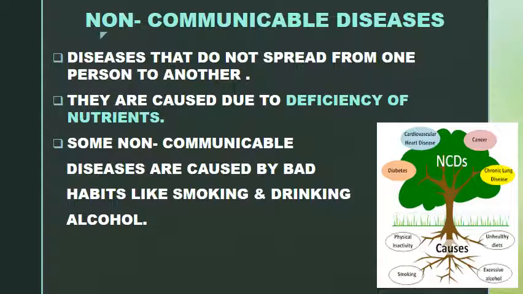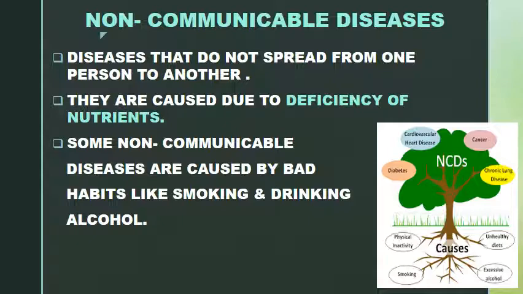Diseases that do not spread from one person to another are called non-communicable, or you can say non-contagious diseases. Some non-communicable diseases are caused due to the deficiency of nutrients. So they are also called the deficiency diseases.